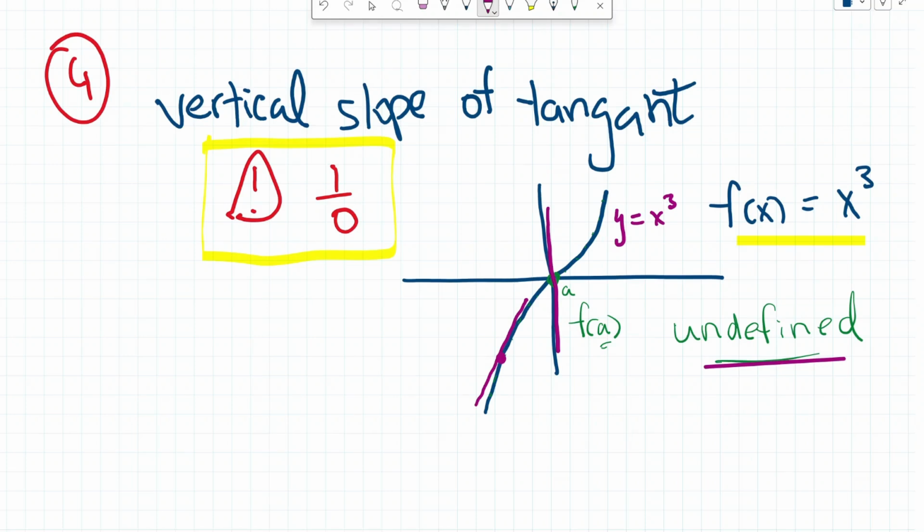So that's something I want you to take away from today, is that there are cases where a function can be differentiable at every single point except for one. So we would still say that y equals x cubed is a differentiable function, but the caveat is that it is non-differentiable at a specific point, at x equals a.